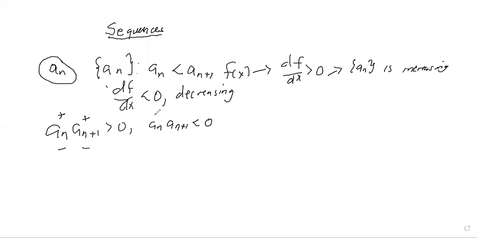But for this to happen, you either have plus, minus, or minus, plus. Then you say, okay, the sequence is alternating. Like that.